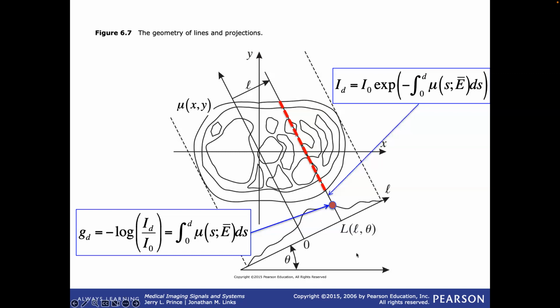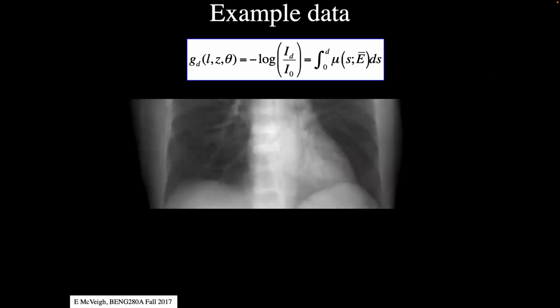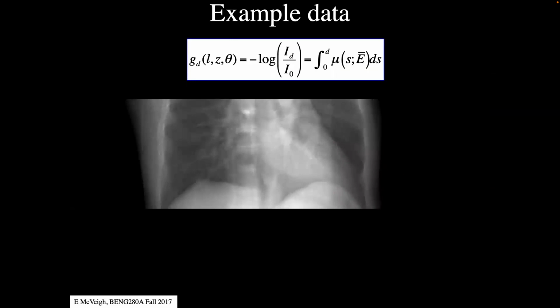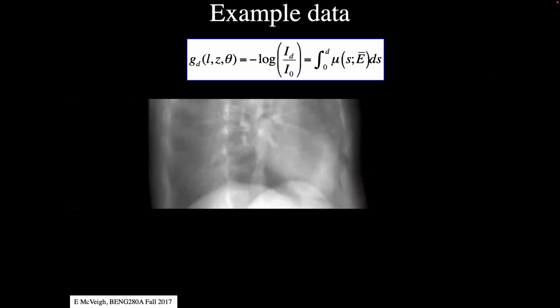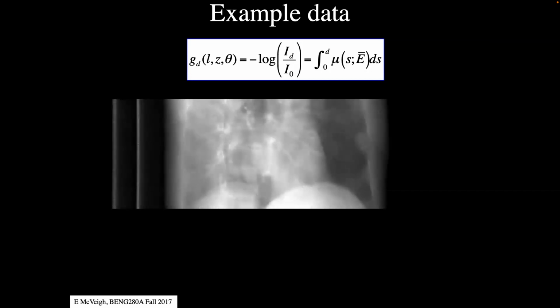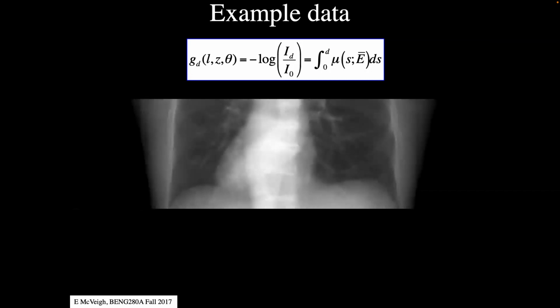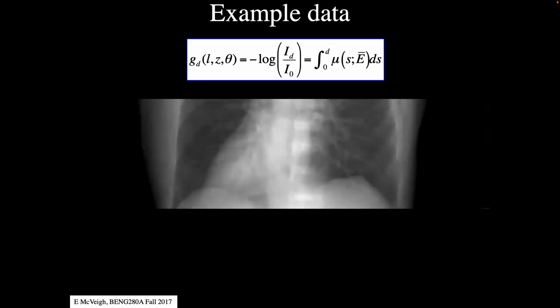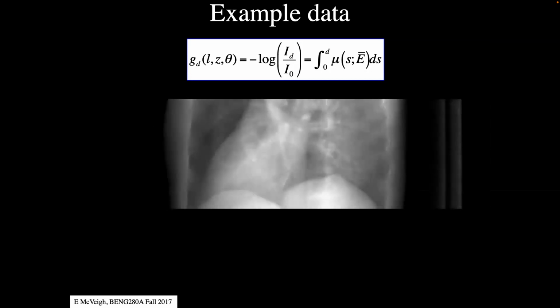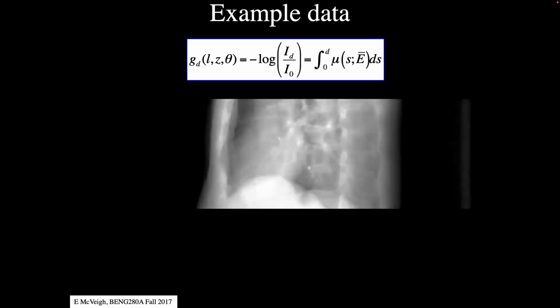So those are our projections that we're going to create. And again, going back to the slide that we looked at, this is a picture of G, right, as a function of L, Z, and theta. So in time, we're watching different thetas as it looks like the patient's rotating, right? But in fact, the gantry is rotating around the patient.